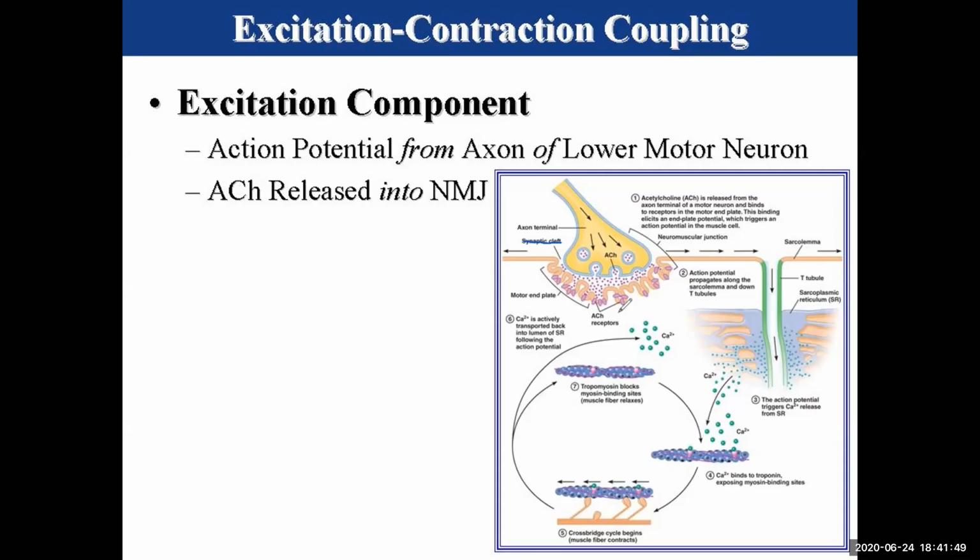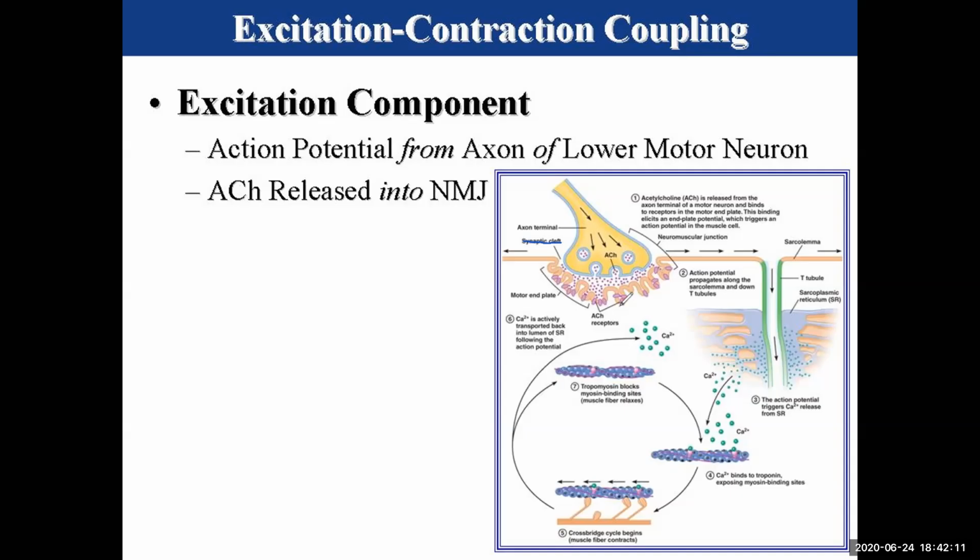So you have a net accumulation of positive charge inside, at the inner leaflet of the sarcolemma. That's a depolarization, and that depolarization signal we call EPP, end plate potential.